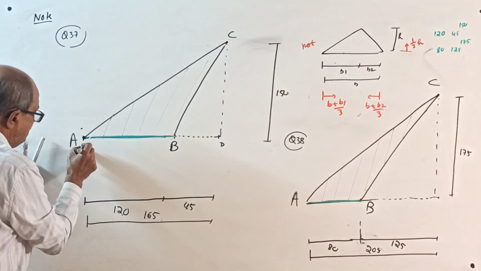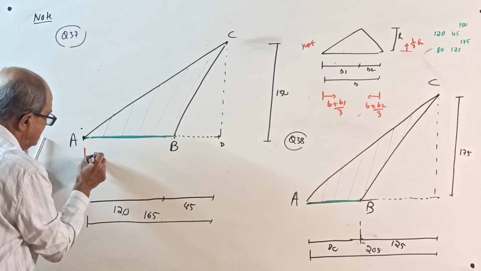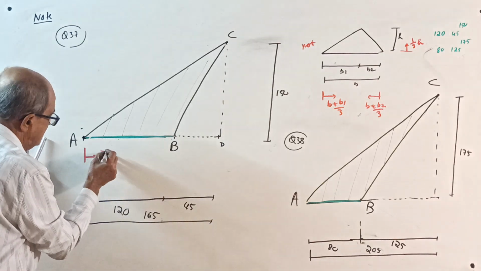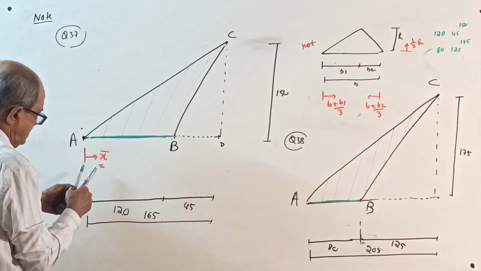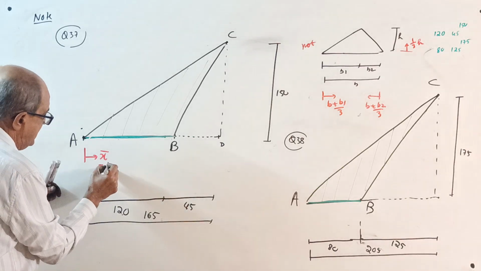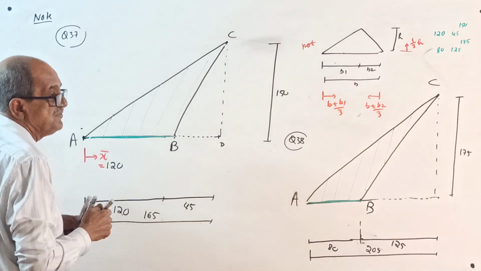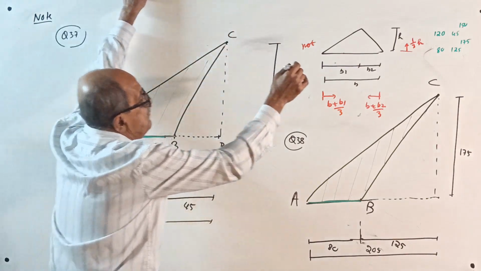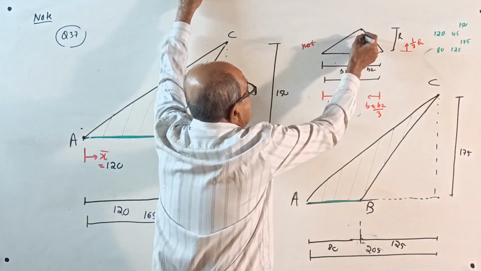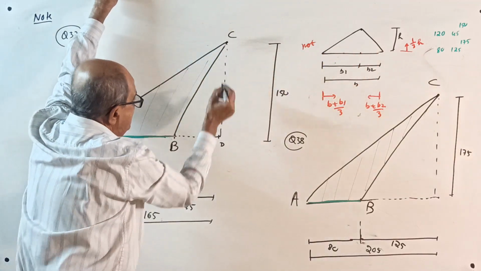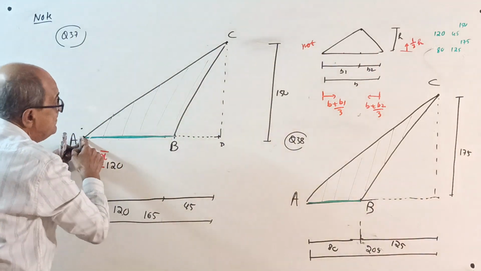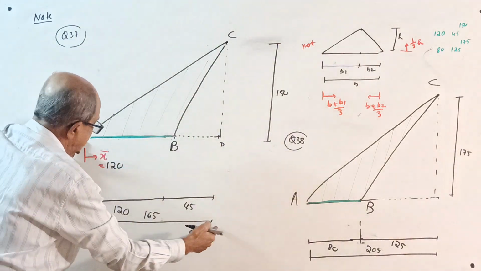If I want x bar from here, the base here is 120. I write base 120 plus, from the vertex, if you drop a perpendicular, from here, how much distance? Oh, that distance is here. See, that distance is 165.